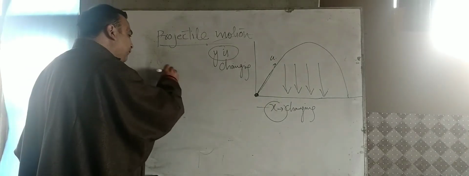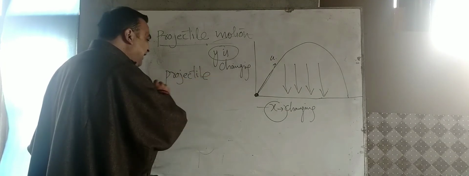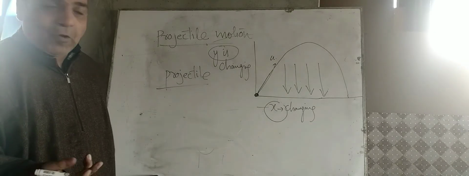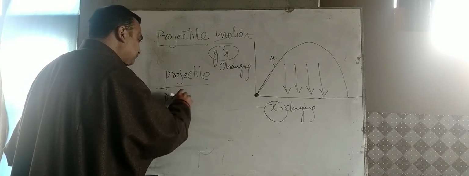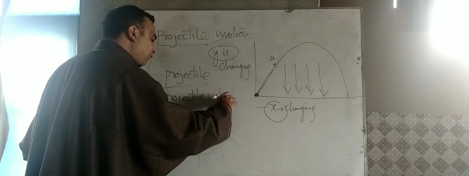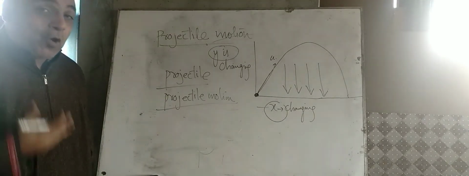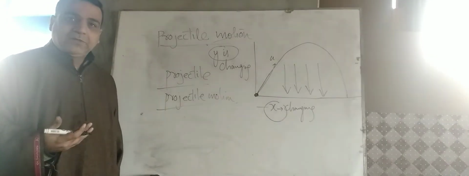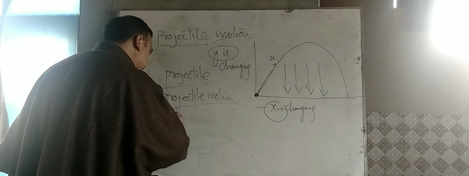So the body that you threw in air is called the projectile, and the motion that it executes under the influence of gravitational force is called projectile motion. The only force that acts on this projectile during the course of its motion is the gravitational force.